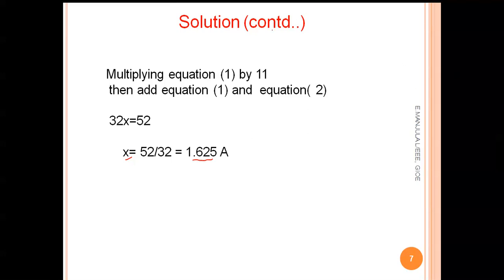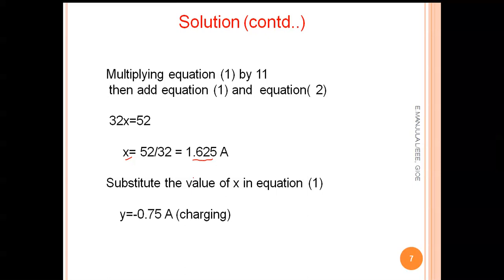So the x current value is 1.625 amps. Now substitute this x value in any one of the equations, either equation 1 or equation 2. Here it is substituting x value in equation 1. Then you will get y is equal to minus 0.75 amps.